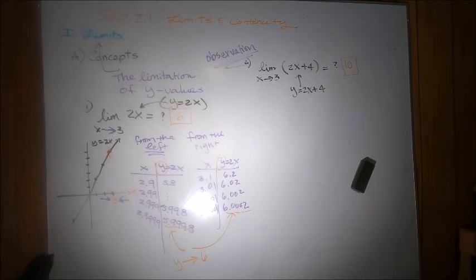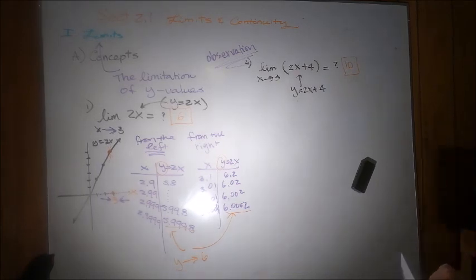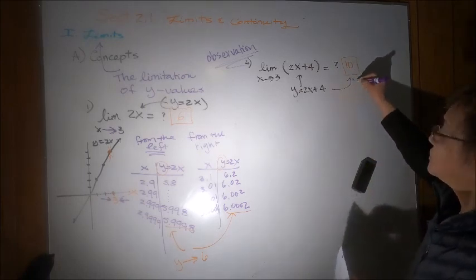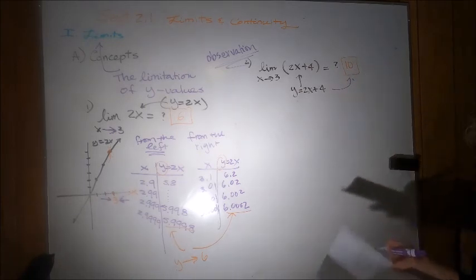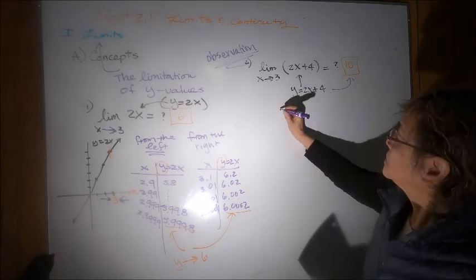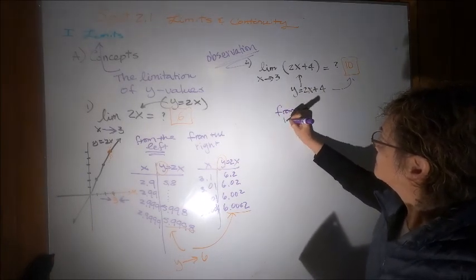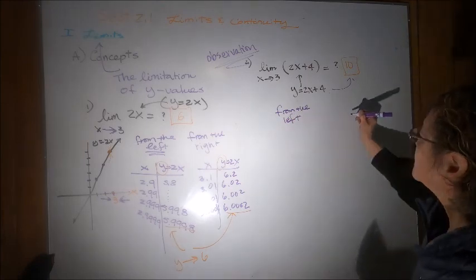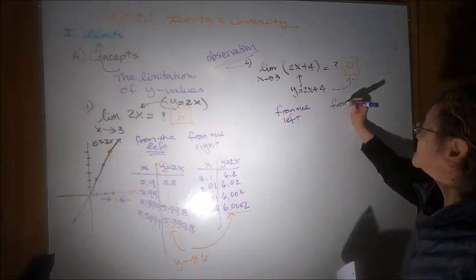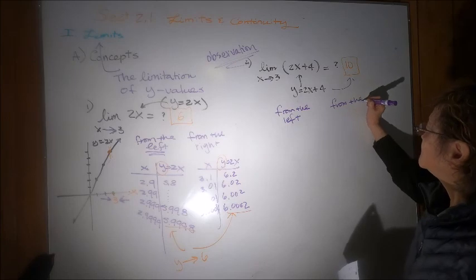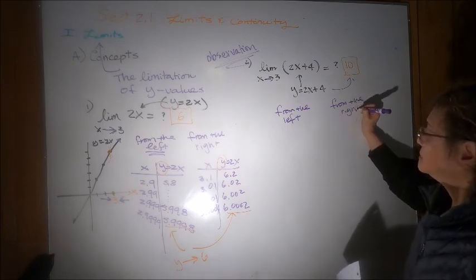But right now, let's just do the observation first and see that y is actually bounded in this situation. We observe it from the left, and we also observe it from the right.